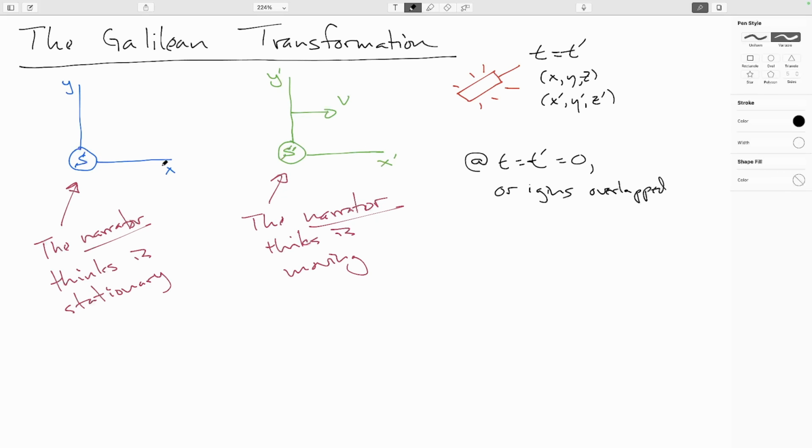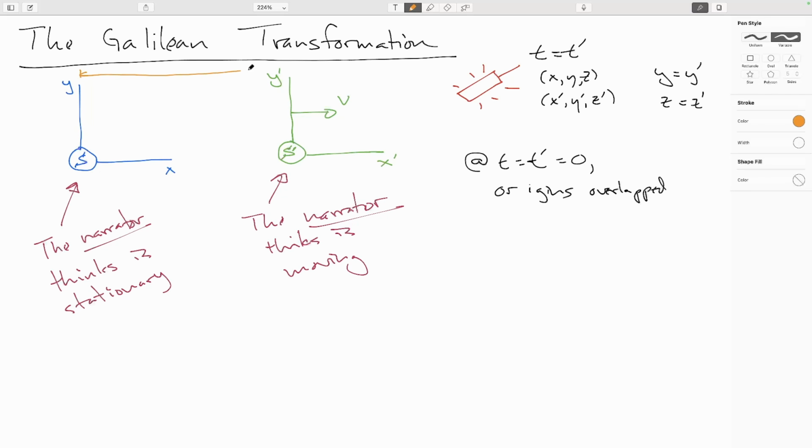Now, the only thing that's going to be changing here is the x coordinate of our event. Both observers will agree on the y coordinate, and they'll agree on the time. What they won't agree on is the x coordinate. So that's the first thing that we're going to have to track down. So let's see how that's going to work out.